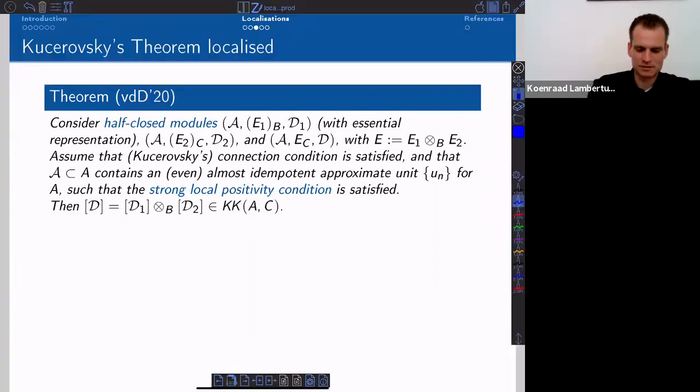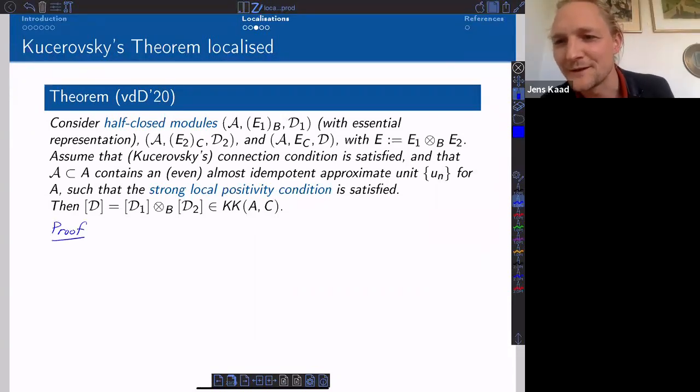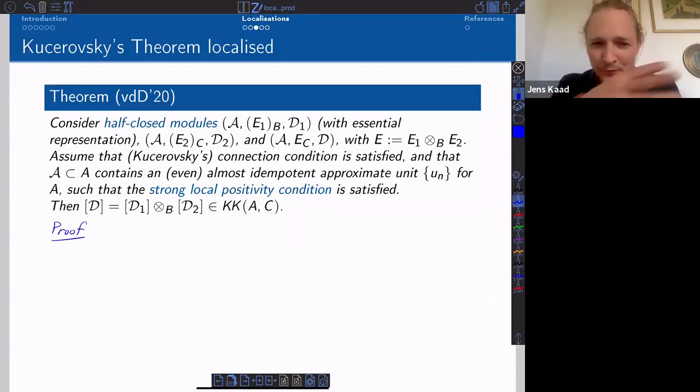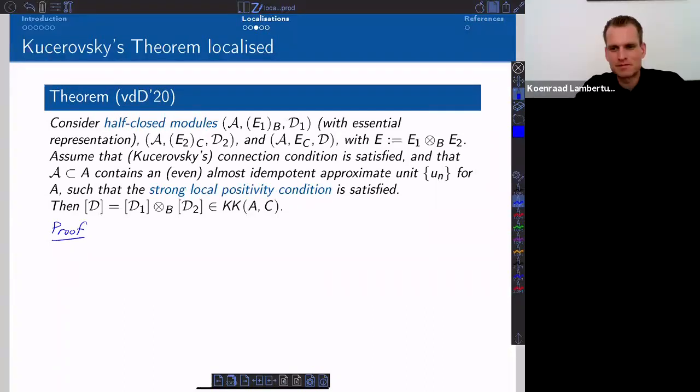So let me briefly sketch the idea of the proof. Sorry, can I ask about something right now? Walter and I also proved a theorem looking a little bit similar, and I was wondering whether this is contained in your theorem, or are they just disjoint? Is our theorem a special case of yours?